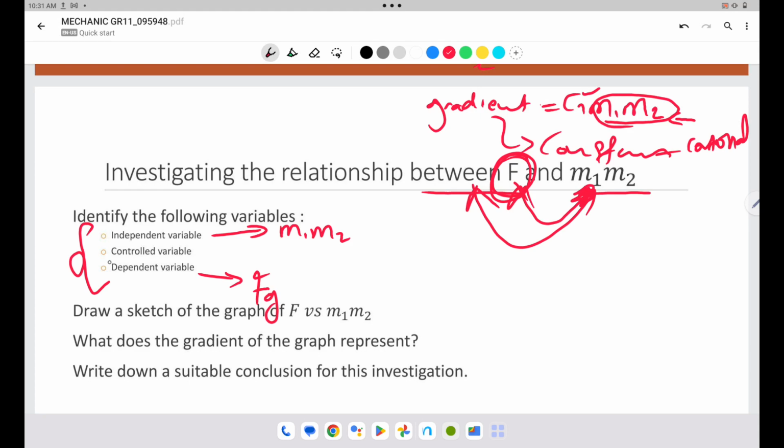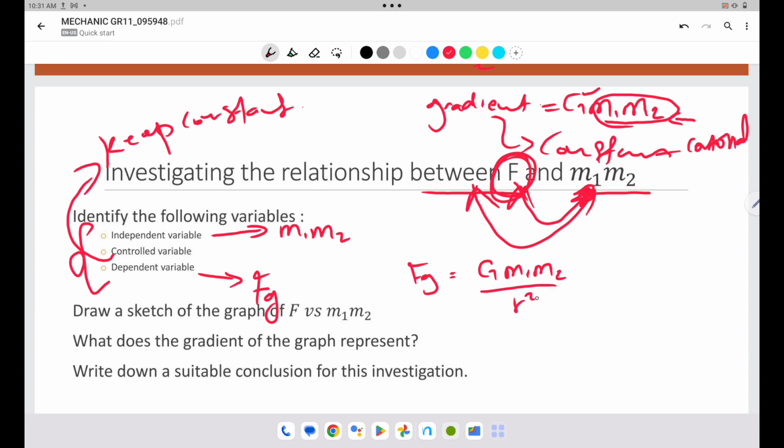And then it also says write down the control variable. This is the variable that we keep constant, and this variable is a physical quantity. I want us to go back to the equation and see what we need to keep constant. We have Fg equals G m1 m2 over r squared. So the relationship exists between the force and the product of the masses. Everything else must be constant.